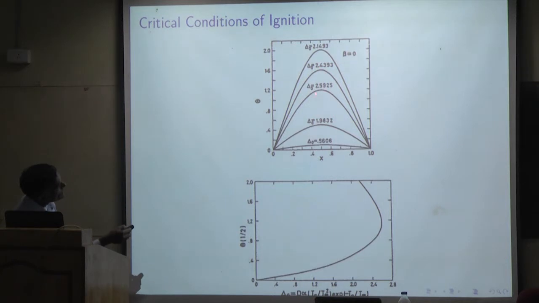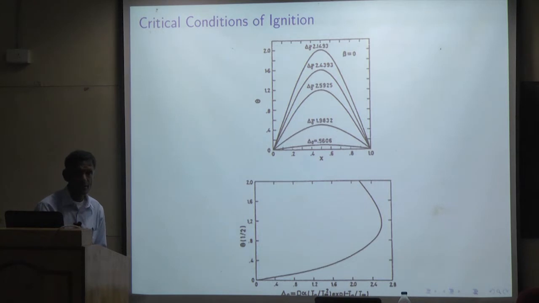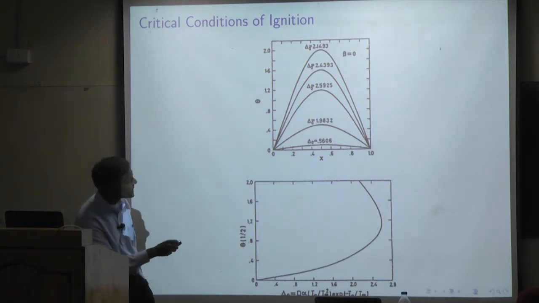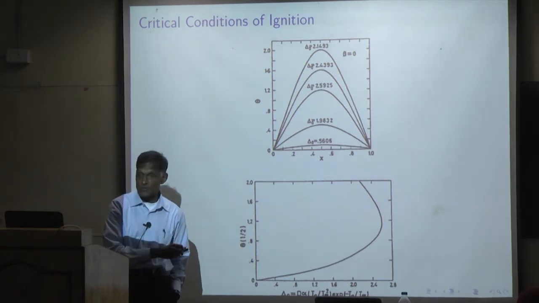So this probably corresponds to something like this: two solutions here, and a solution in between. There's one critical value, delta 0, in between, which represents the critical conditions of autoignition. So you're able to predict the critical conditions of autoignition from this analysis.